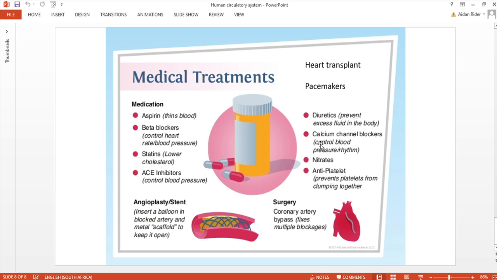So then people have to get artificial pacemakers. They're little devices that are implanted in the chest area that give electrical pulses to the heart that keep the heart rate regular and keep the heart pumping. Okay, that in a nutshell is what happens with the circulatory system.